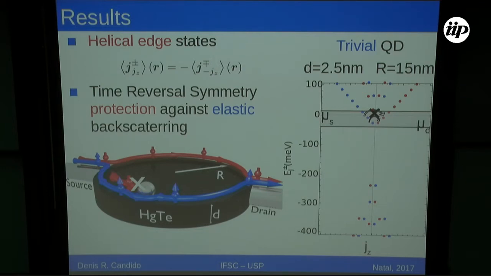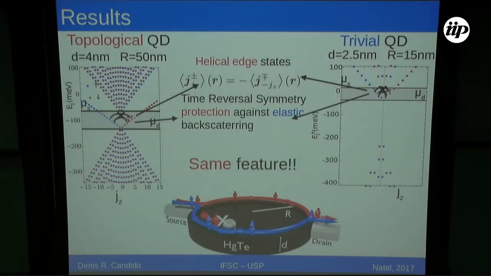So I have the same feature in both the topological and the trivial quantum dot. I can have the same properties as in the topological quantum dot, but now for a trivial quantum dot, which is surprising.